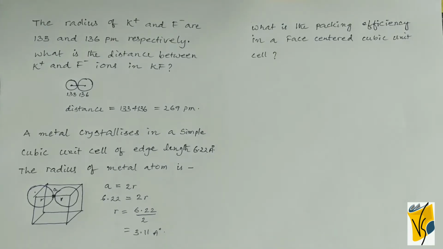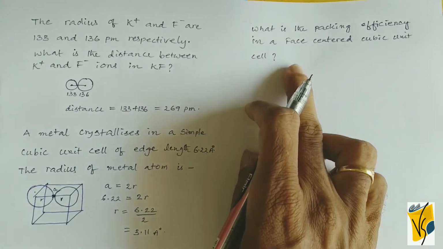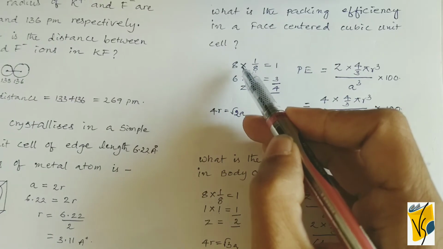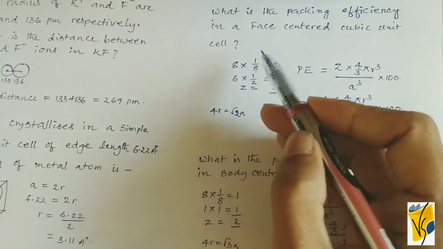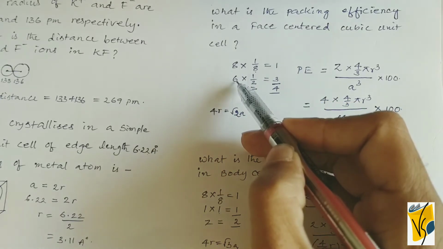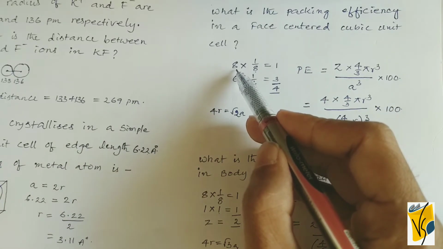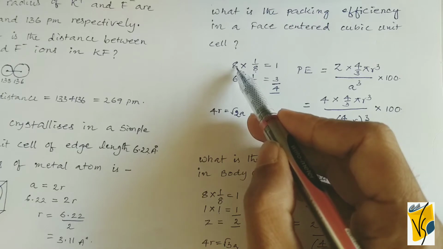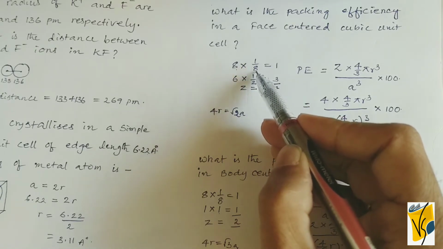Next problem. What is the packing efficiency in a face-centered cubic unit cell? We know there are 8 atoms in the corner and 6 atoms in the faces in face-centered cubic. Okay, so let us calculate effective number of atoms. Number of atoms in the corners into contribution of atom in the corner is 1 by 8.